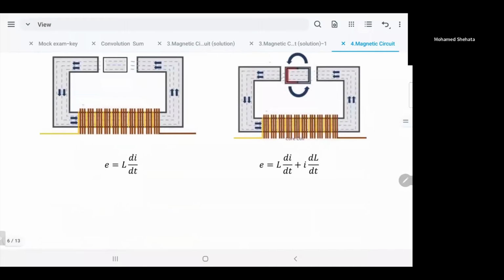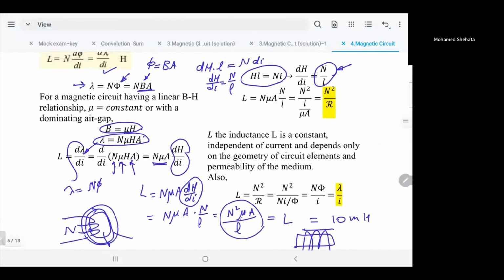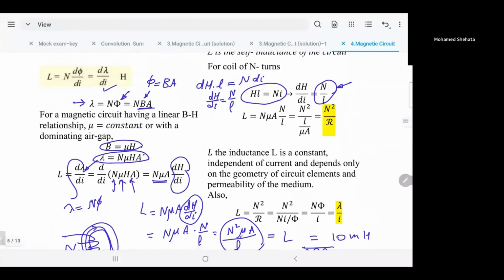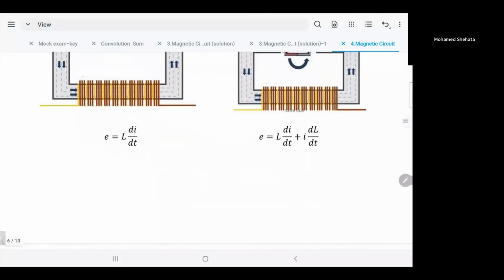And so now we just proved that. Let me go back and see the main equation we got here. We have E equal L di by dt. Originally, if we remove the negative sign, that's the general form: the change of flux with respect to time.